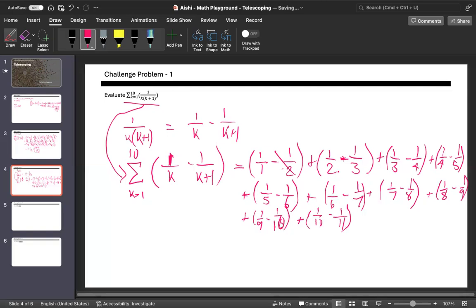It's all going to cross out until we get to 1 by 11, which is not too far. And we're left with 1 by 1 minus 1 by 11, which is equal to 10 by 11. That wasn't too challenging.